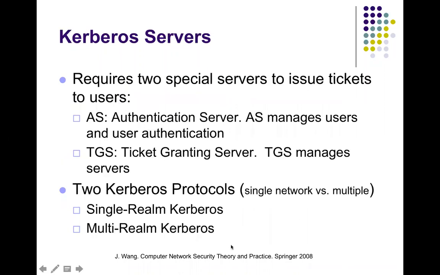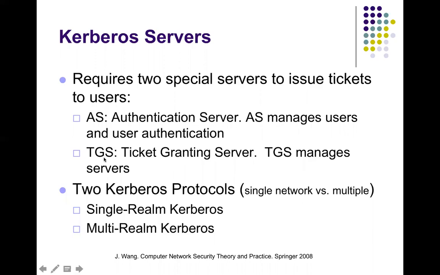The setup of Kerberos requires two special servers to issue tickets to users. One is called the AS server, the authentication server that we use when we log on to a LAN, meaning your usernames and your passwords.